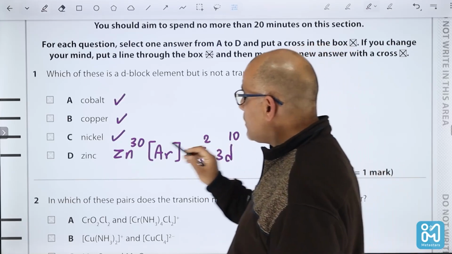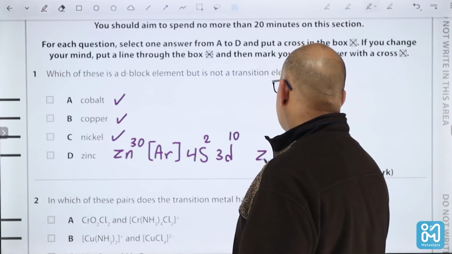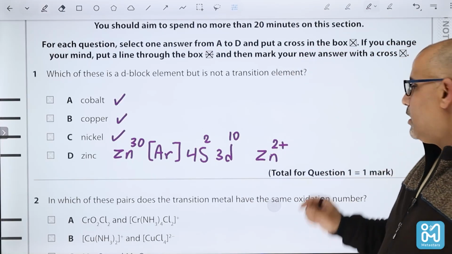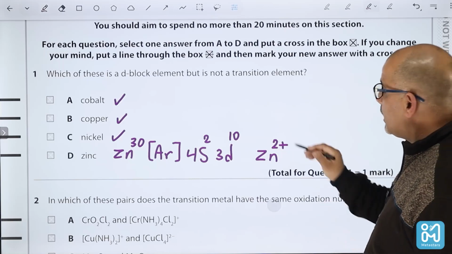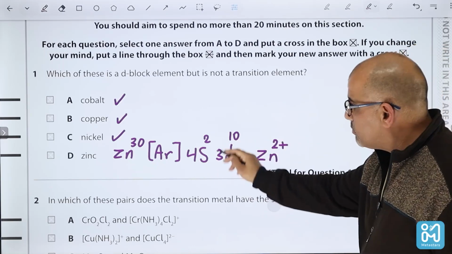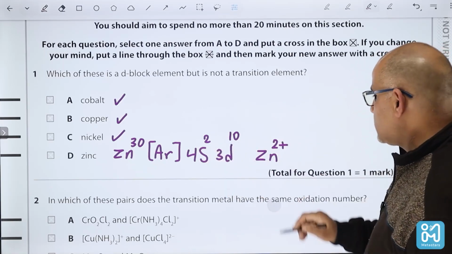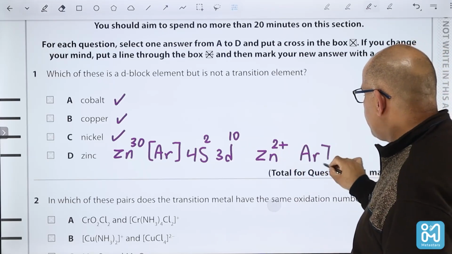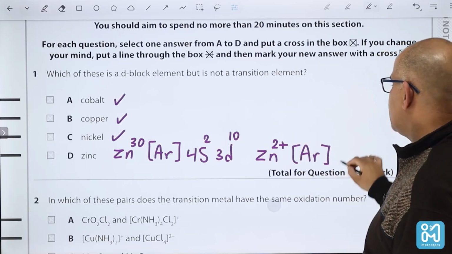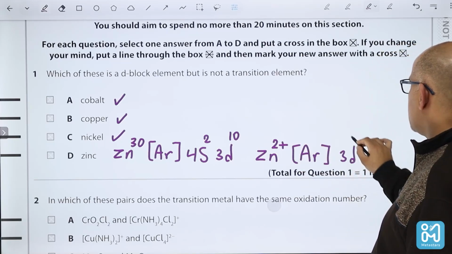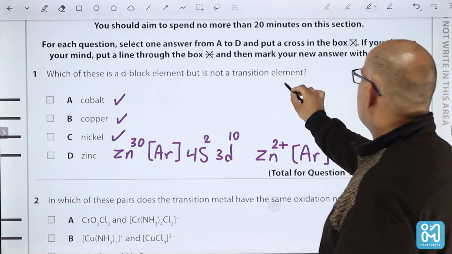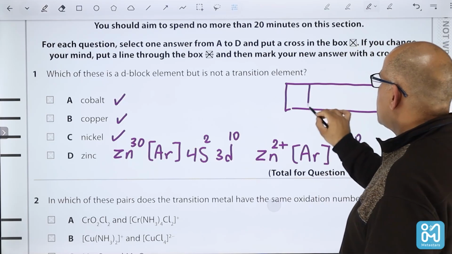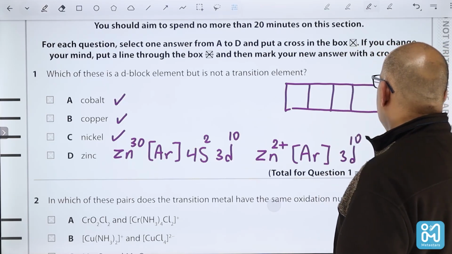So you have full D orbitals for zinc. When zinc positive 2 is formed, it's the most stable ion for zinc. The 2 electrons from the s orbital were lost. So the electronic configuration for zinc positive 2 is 3d10, and the 5 d orbitals are fully filled with electrons.